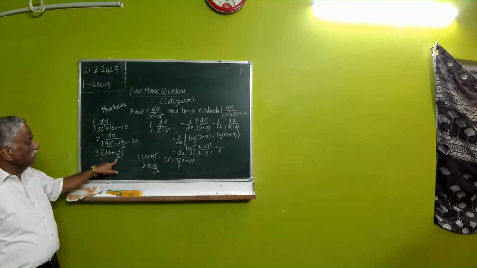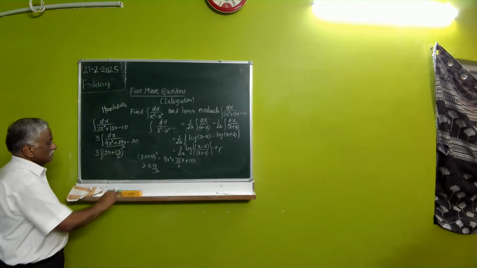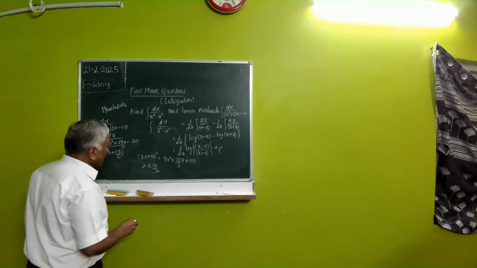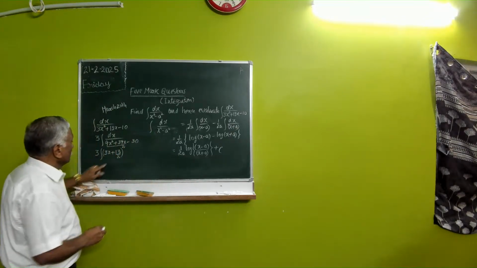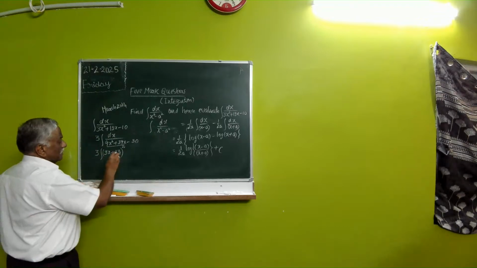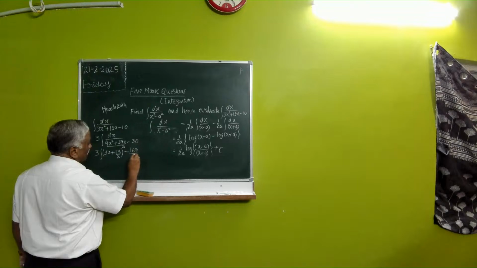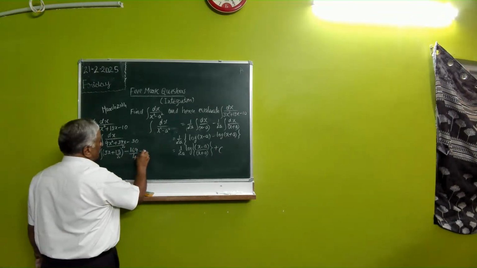I think it's clear why you should divide it by 2, because we want 39x. But by writing like this, you have written an extra term, 13 by 2 whole square, that you should subtract, 169 by 4, minus 30.